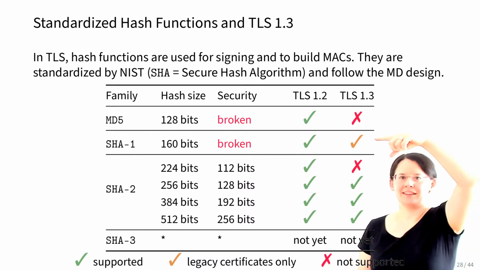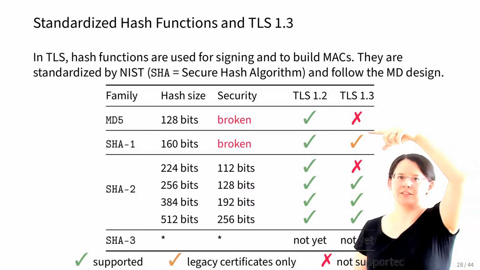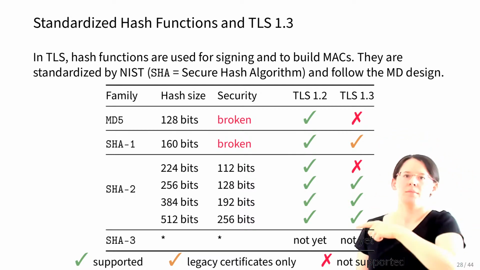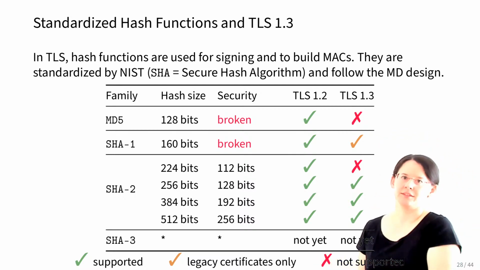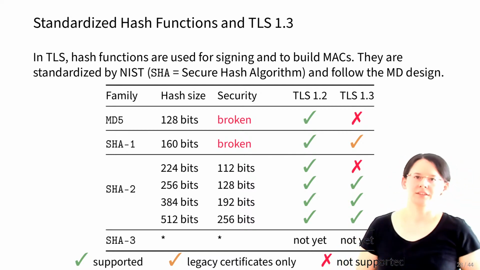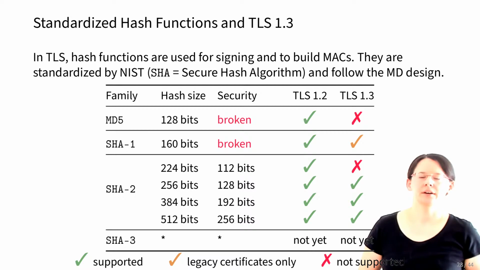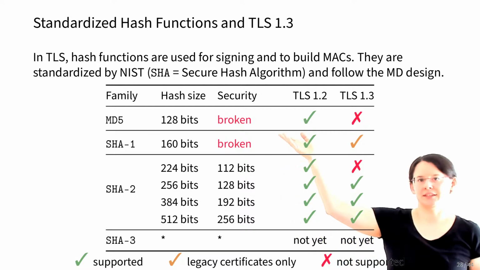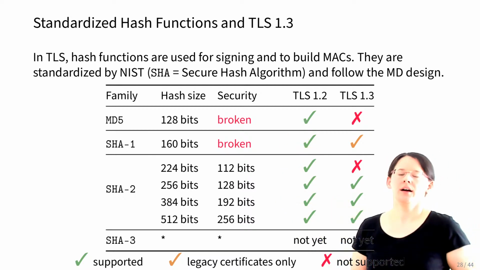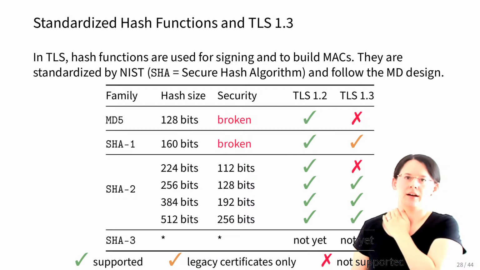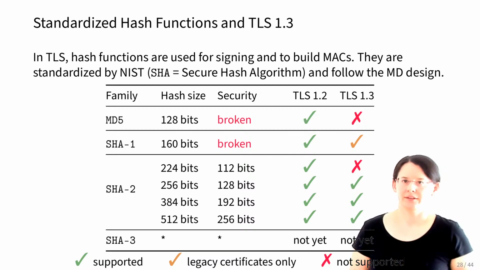Now SHA-1 is actually still accepted in TLS 1.3, the current up-to-date standard, but only for legacy certificates. So they're already aware that this should no longer be considered secure and is not accepted for new certificates, only for old ones. Then we have the SHA-2 family, which is the successor of SHA-1, and has been around also for many years already, and it has not been broken yet.